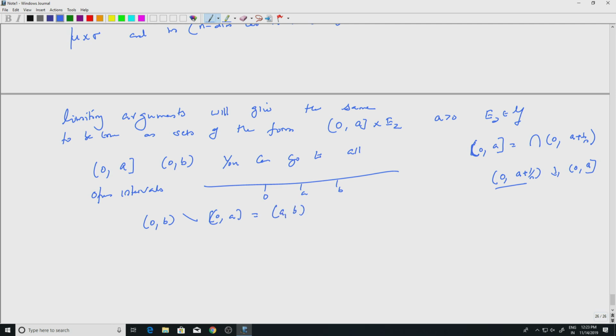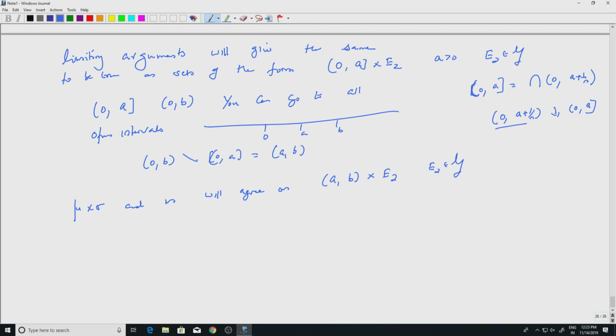So you can go to all open intervals. So the measures mu cross sigma and M will agree on sets of the type open interval (a,b) cross E2, where E2 is a general set in G. So we didn't bother too much about E2.